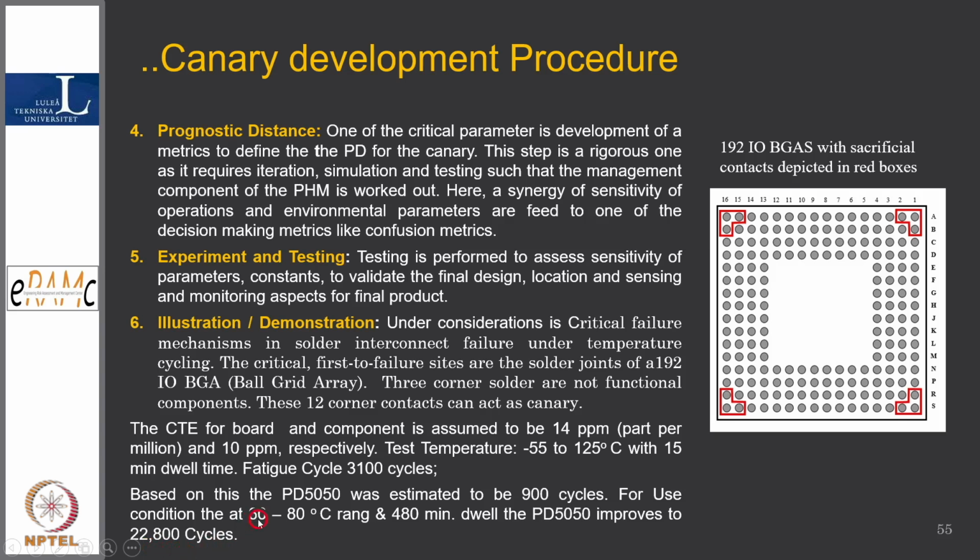If I go from one temperature range to another, with a dwelling time of 480 minutes, the 50/50 PD matrix goes to 22,800. You can see that many cycles it can work. So these are called design approaches for canaries.